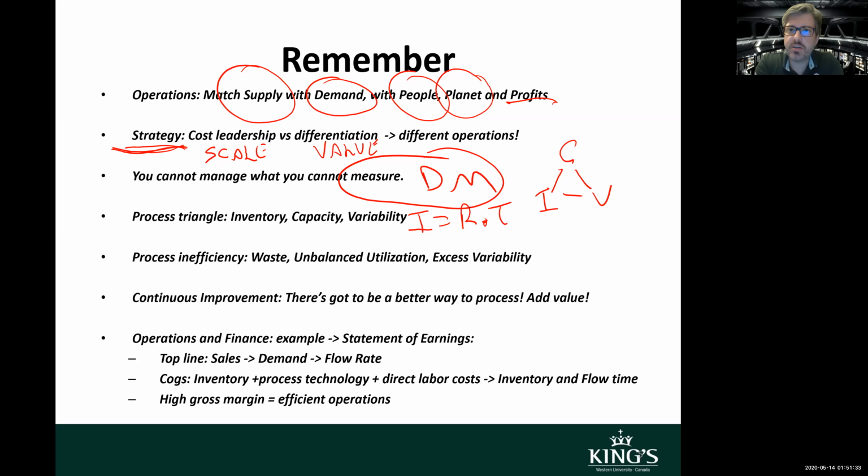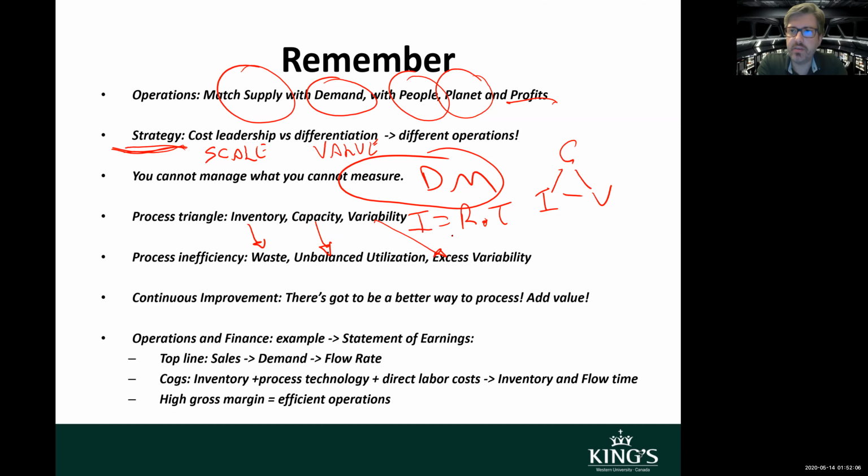So you generate inventory if there is some kind of misalignment between what your flow rate is, which oftentimes is your demand, and your flow time, which is how efficient your process is running through, how fast your process is, right? And if there is a misalignment, inventory becomes waste, capacity becomes unbalanced utilization, and variability becomes excess variability.